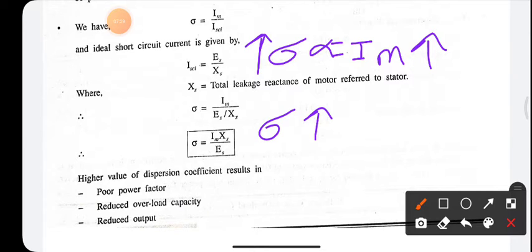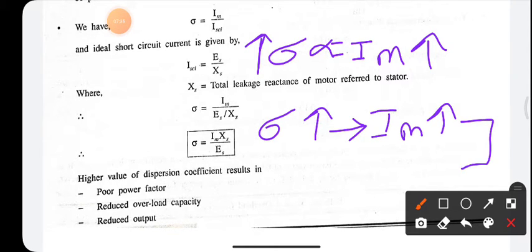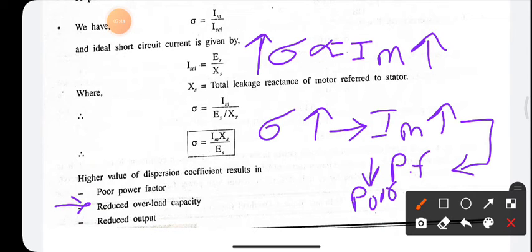And if the magnetizing current is very high, we have just seen that our power factor will be low and poor. It also leads to reduced overload capacity and reduced output of the induction motor.